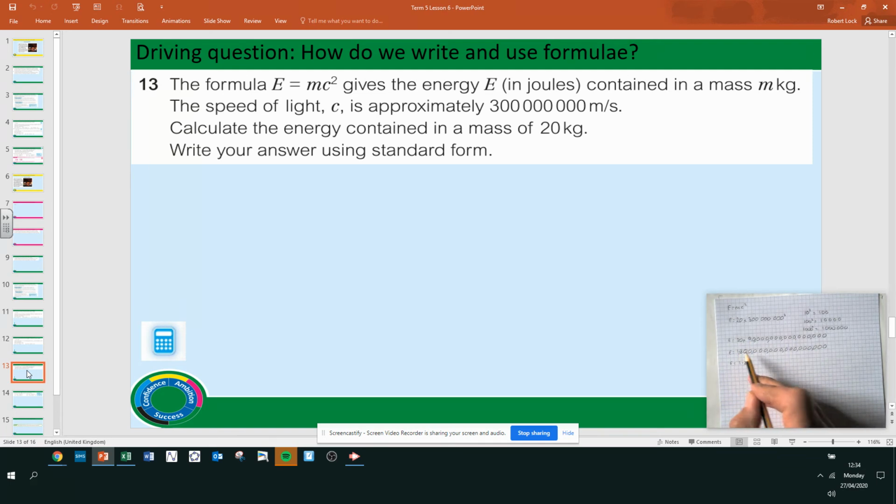How many times do we move the decimal place from here to get it there? 1, 2, 3, up to 18. So it's times 10 to the power 18 joules. And there's the answer: 1.8 times 10 to the power 18 joules.